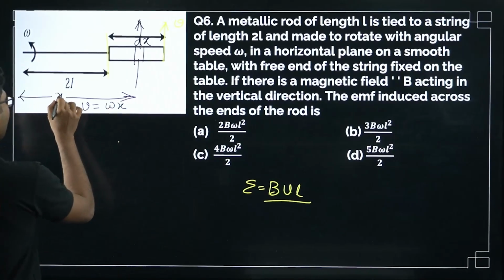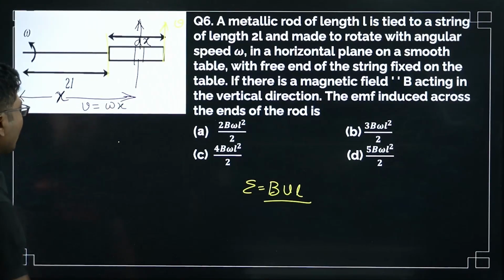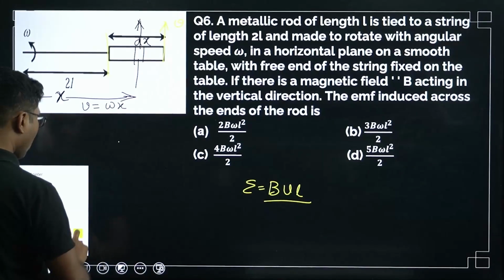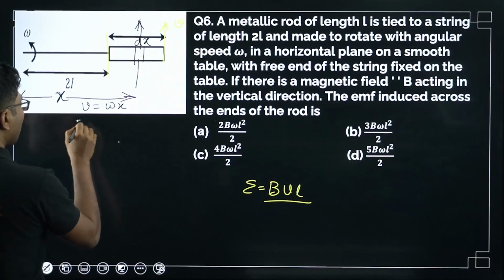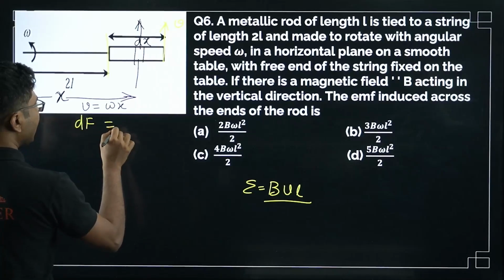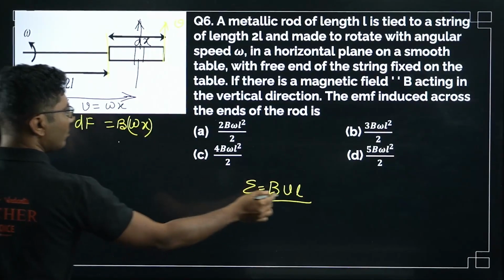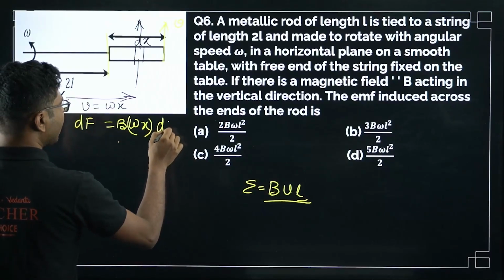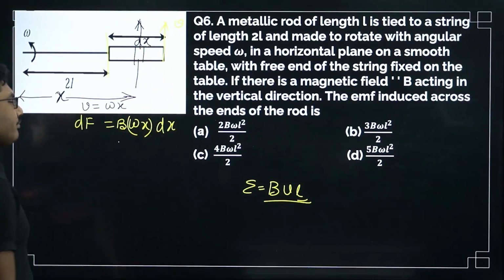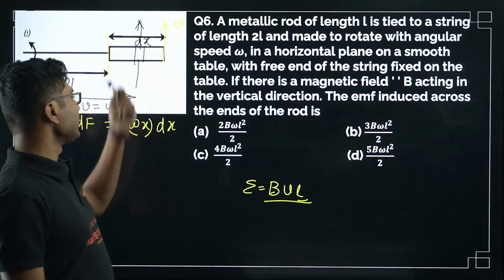Okay, the total distance we have assumed is x. So what will be the force on this small piece? Force on this small piece will be B, which is constant, V is omega x, and the length is dx over here. So this is the small force on this small portion.